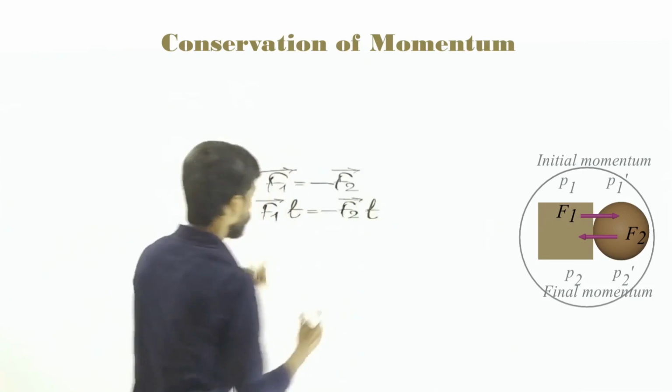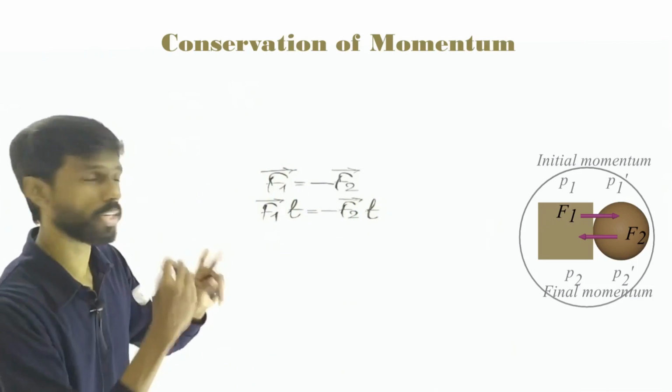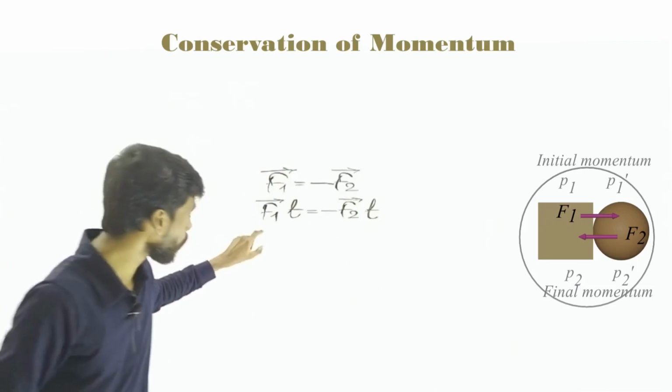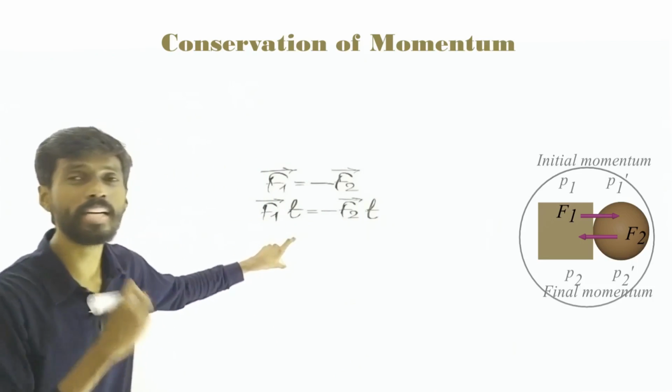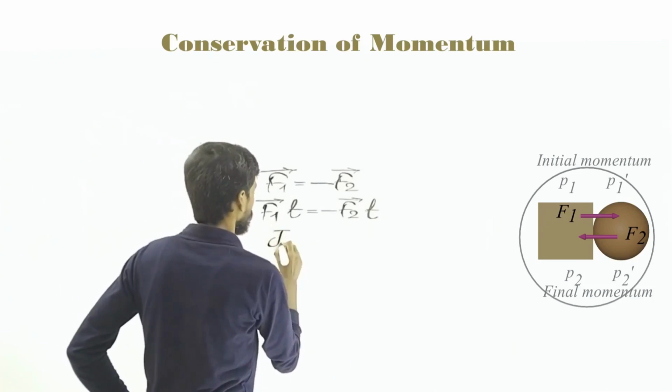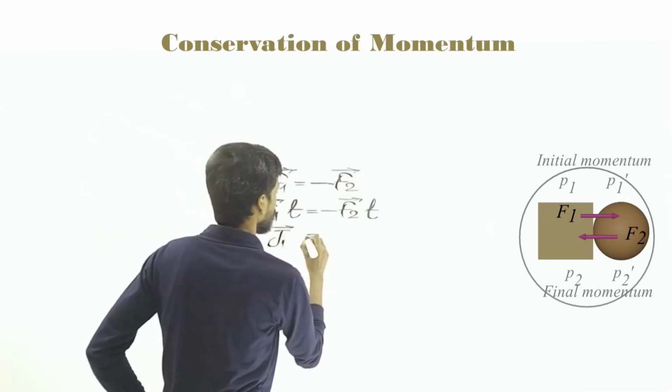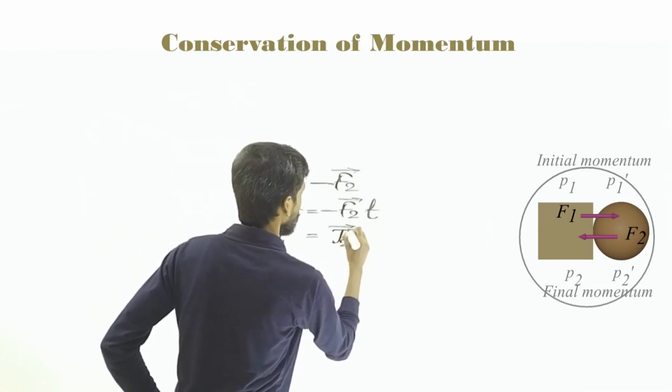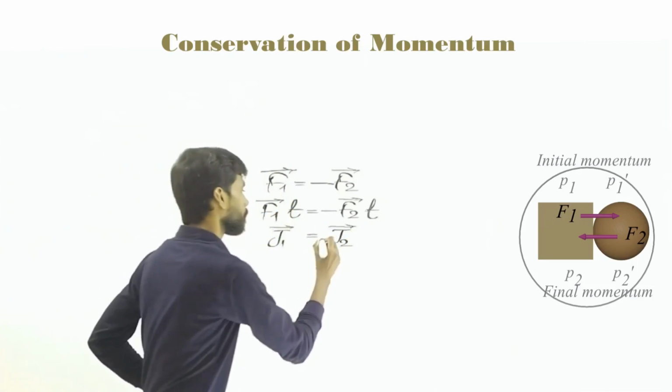What is this product, the force multiplied by time? That is what is called the impulse. So impulse J1 equals minus J2.